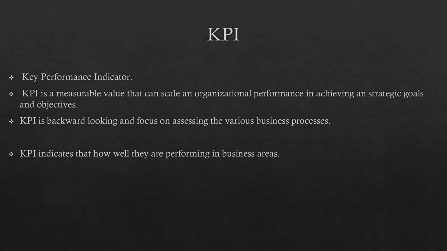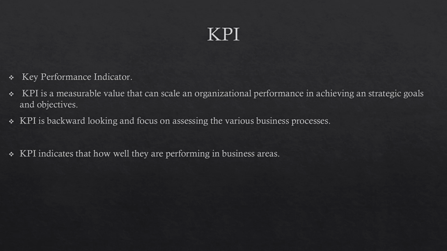Let's move to the KPI. KPI is the key performance indicator. KPI is a measurable value that can scale organizational performance in achieving a strategic goal and objective, right? And KPI is backward looking, meaning we have to evaluate the performance on a history basis.